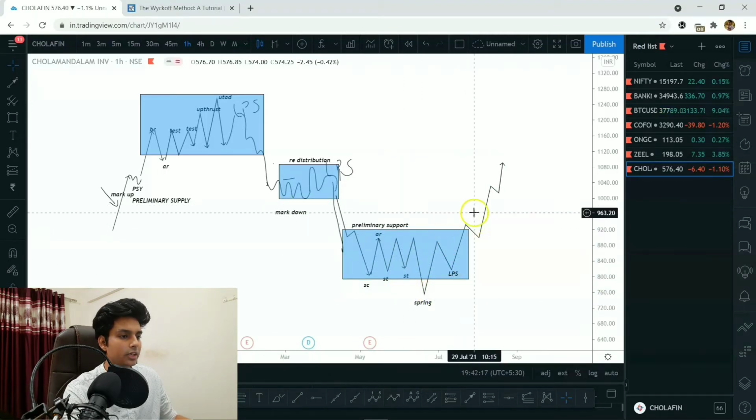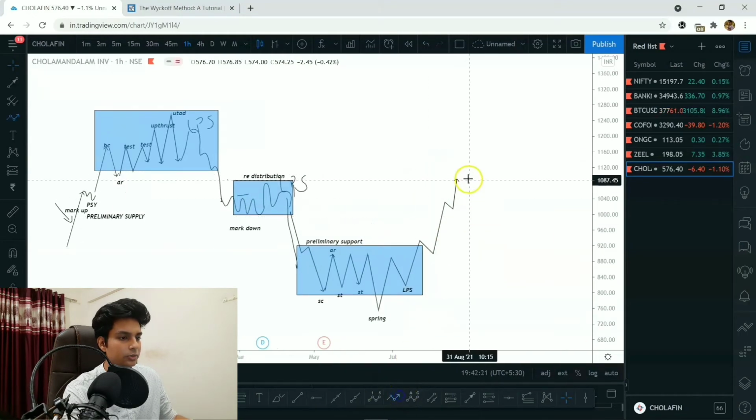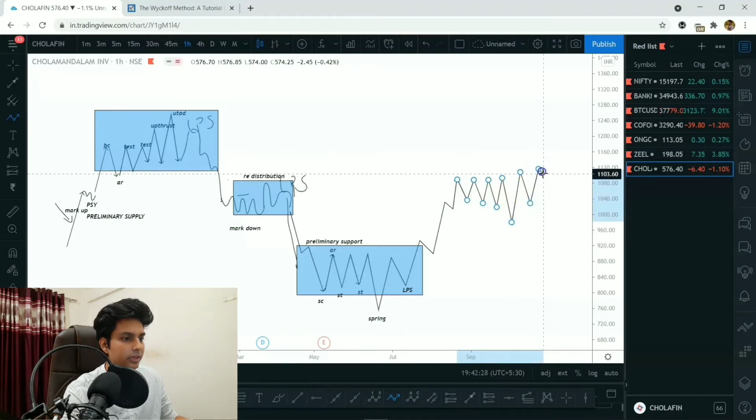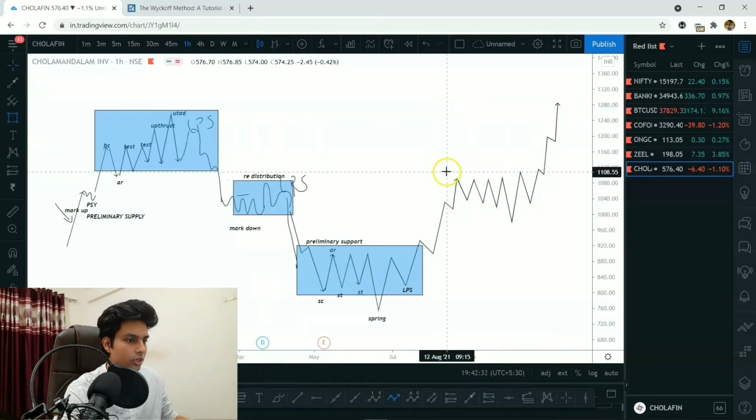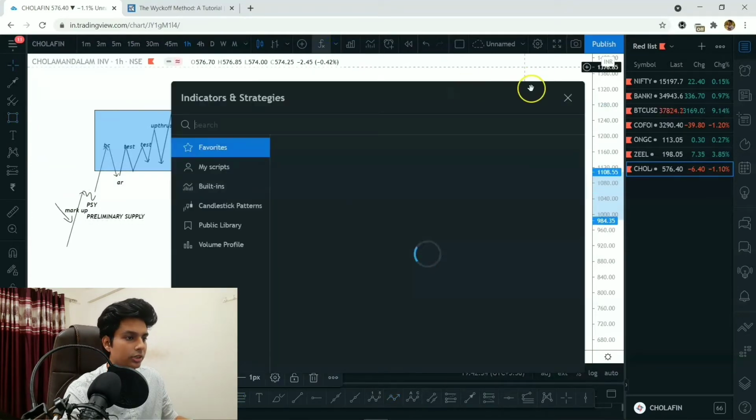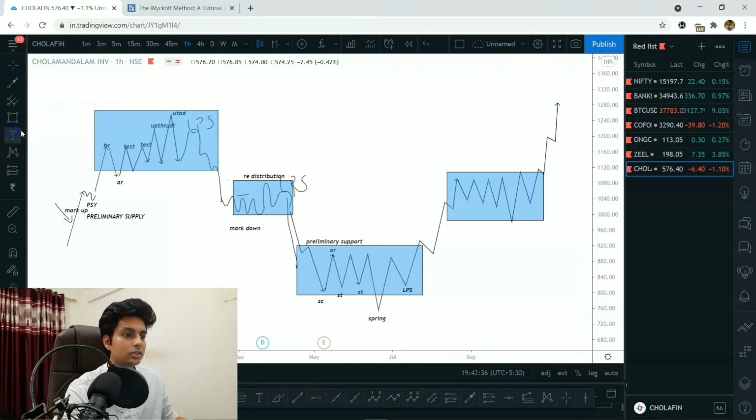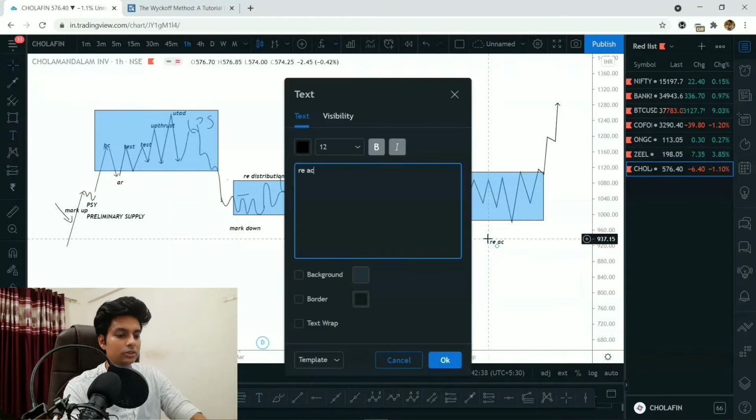The prices move higher, we get a breakout, and the prices are here. So what are you going to see here? Mostly equal lows, spring, price comes back, you get an LPS, and the prices move higher again. So this is your reaccumulation.